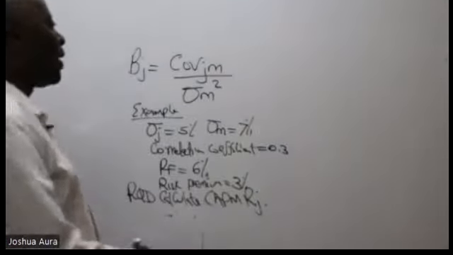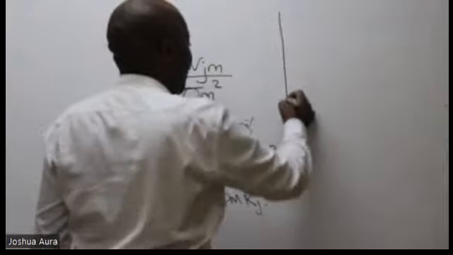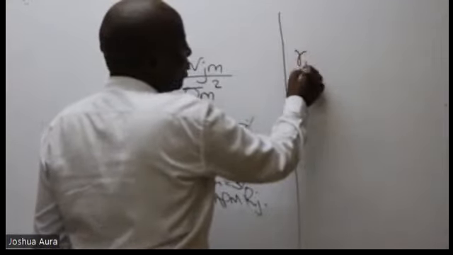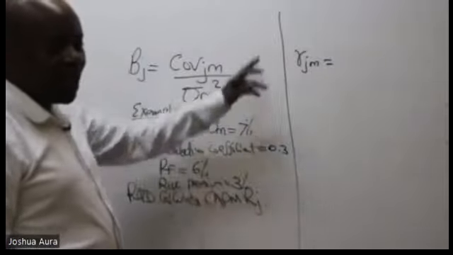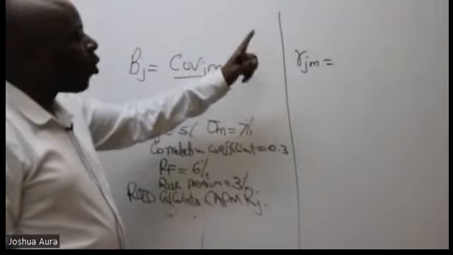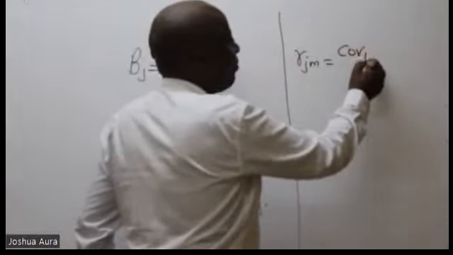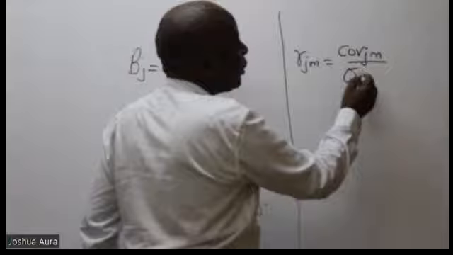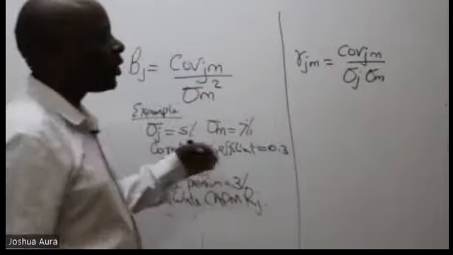Two ways. There are students who are telling me, you know what, Mwalimu, we know that there is a formula that connects the correlation coefficient, R. When you want to get the correlation coefficient, you take the covariance between the two securities all over the multiple of their standard deviations.